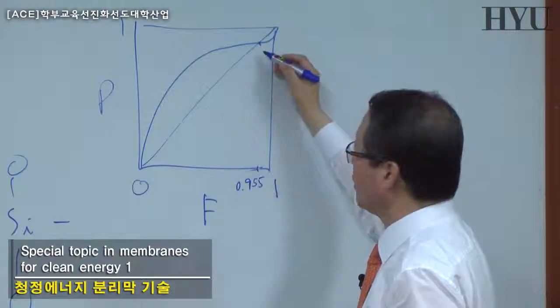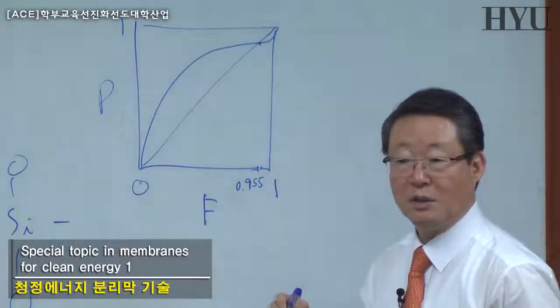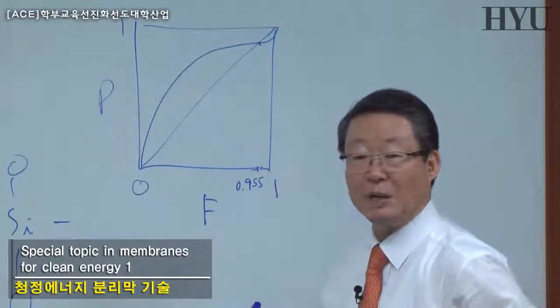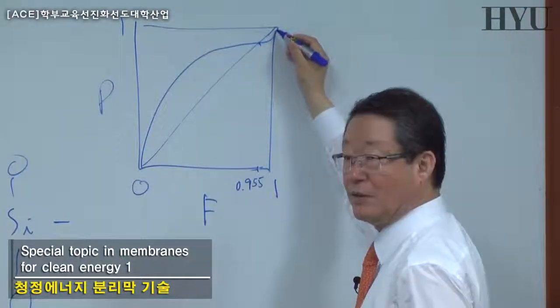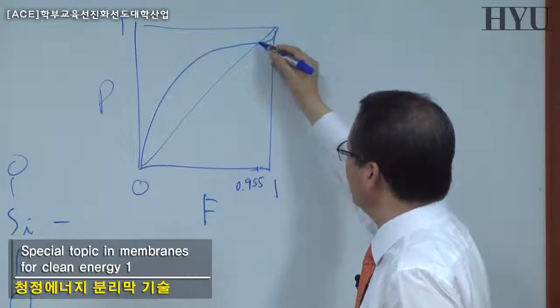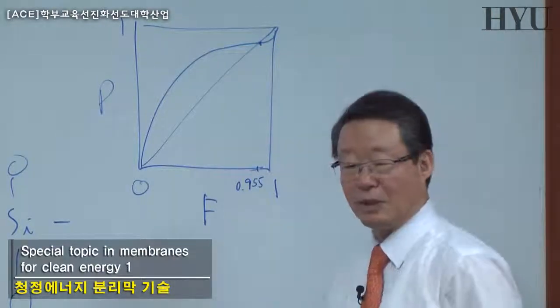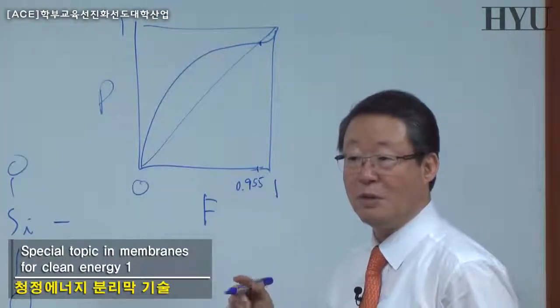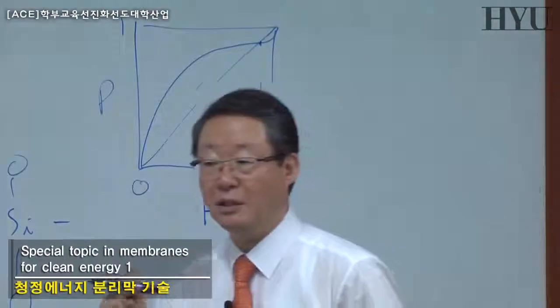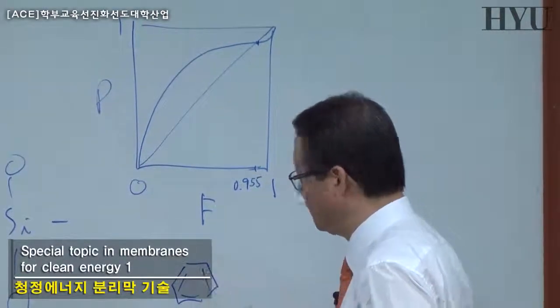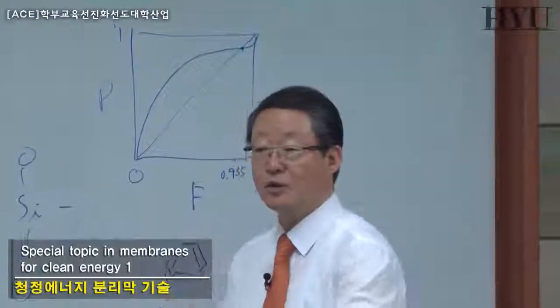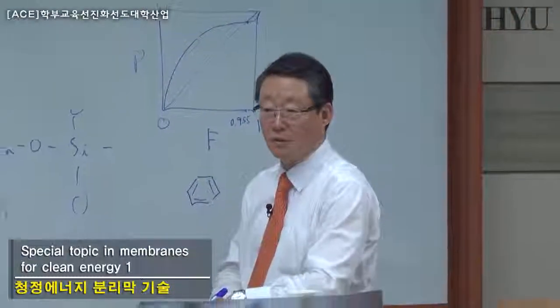Now, in industry, they still can make 99.9% absolute ethanol by breaking this azeotrope point, by adding benzene as an azeotrope-breaking component.